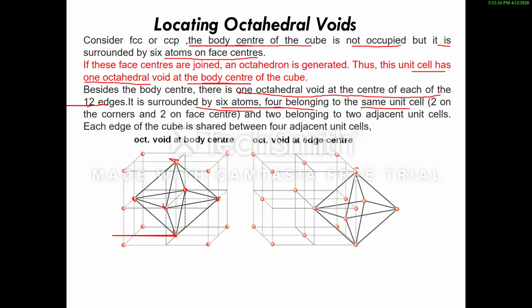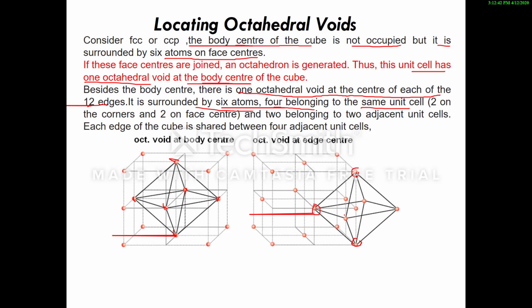So this is 1, this is 2, then this is 1, 2, and this is 3, this is 3, and this one is 4.